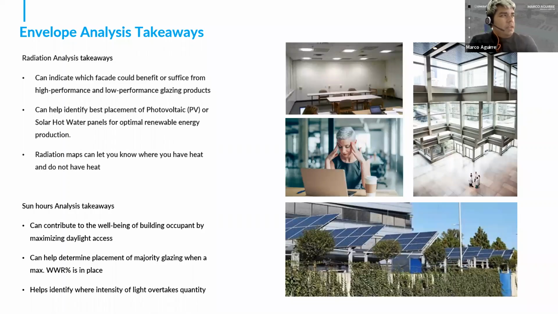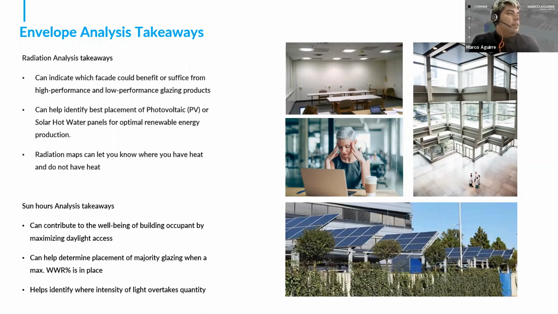It can also be a great indicator of PV placement. Currently we don't have a photovoltaic calculator or a potential solar energy calculator within Cove Tool, but radiation can be a really good indicator of the best location for that.